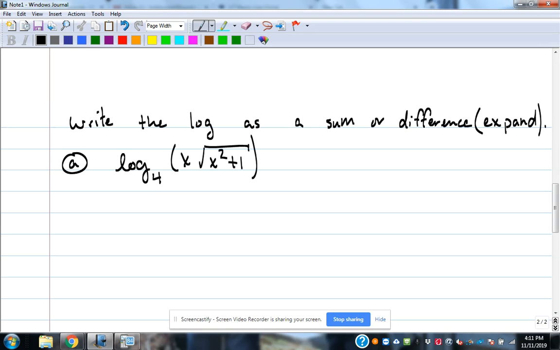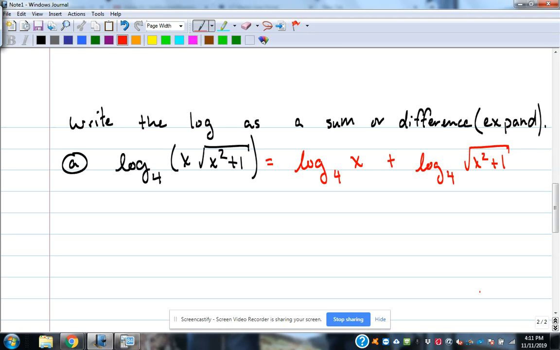So the big thing to see right here is what's going on between the x and the square root of x squared plus 1. They're multiplying together, right? Written like that, I can split it apart as log base 4 of x plus log base 4 of the square root of x squared plus 1.